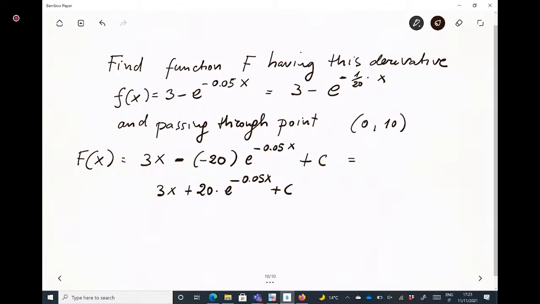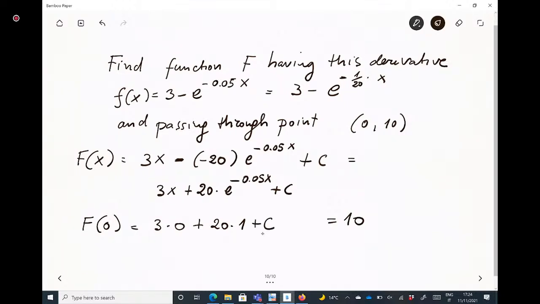I want that f of 0 is equal to 10. Okay? So f of 0 is 3 times 0, which is 0, plus 20 times 1, which is 20. Sorry, plus c, of course. I forgot the c, the most important thing.